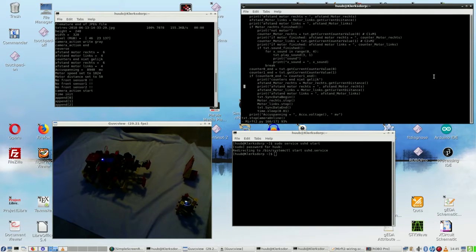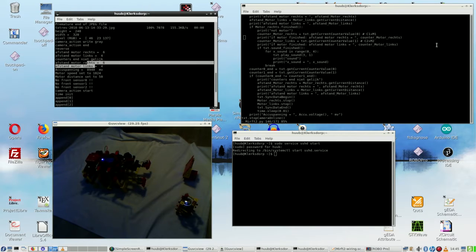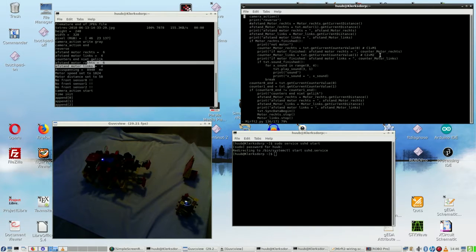Alright, I just noticed that I'm still not quite sure which one it is, because here I have get current distance, and here I have it as well, but with a different condition. So I have to say afstandsmotor rechts niet gelijk, and here the same.